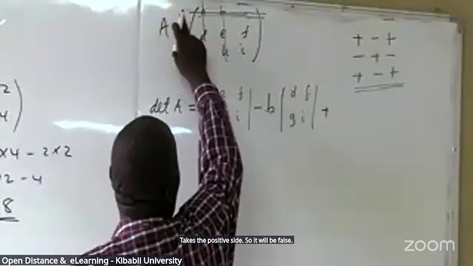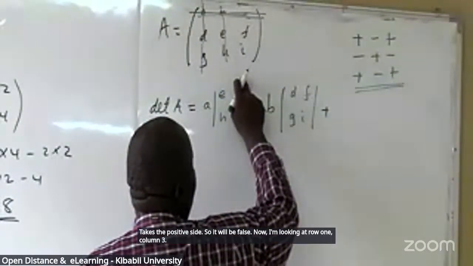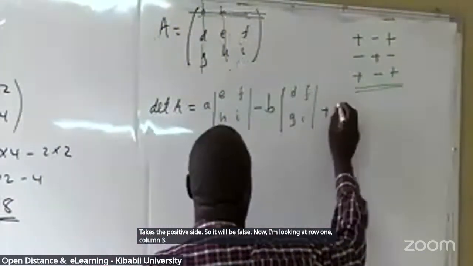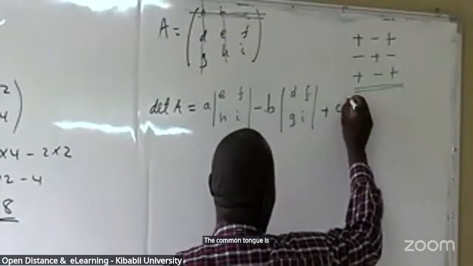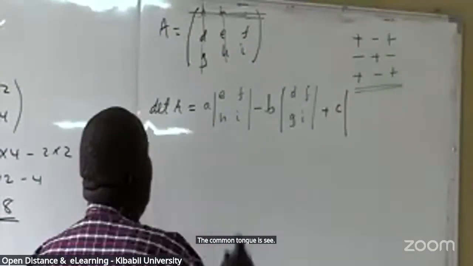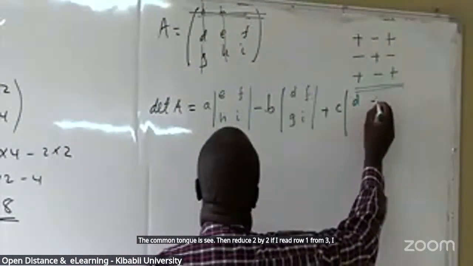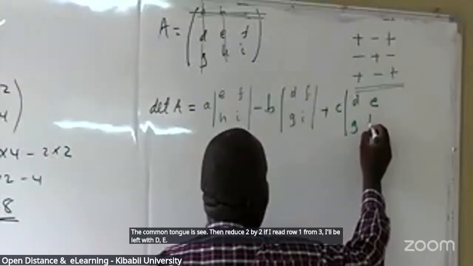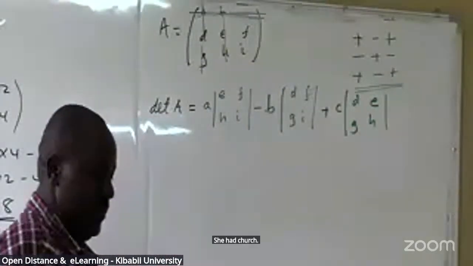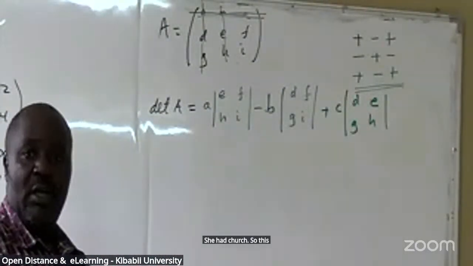Now I'm looking at row 1, column 3. The common term is C. Then the reduced 2 by 2, if I delete row 1, column 3, I'll be left with D, E, G, H. So this is the reduced matrix.